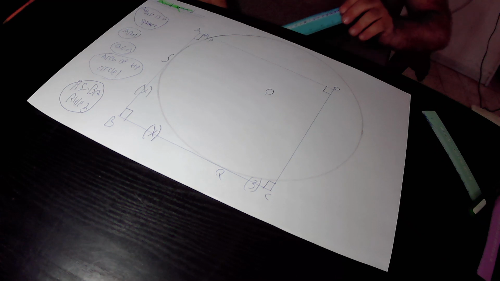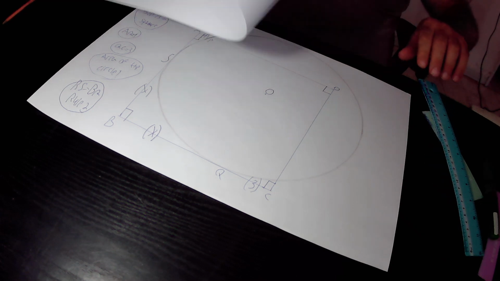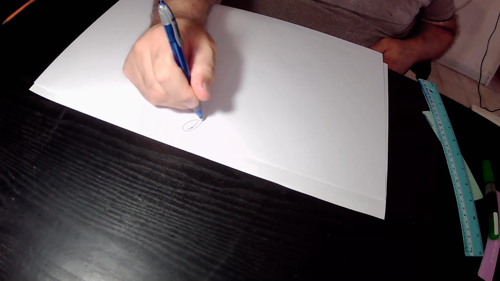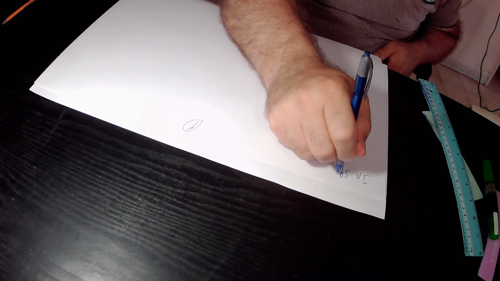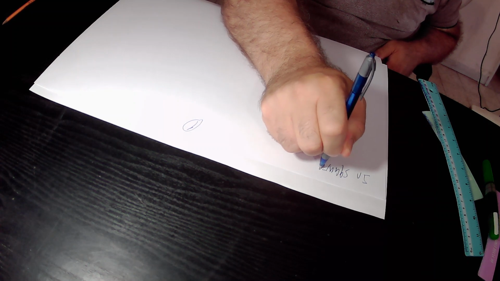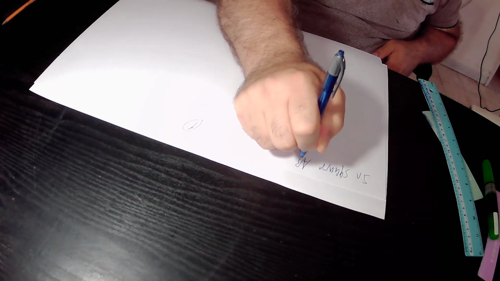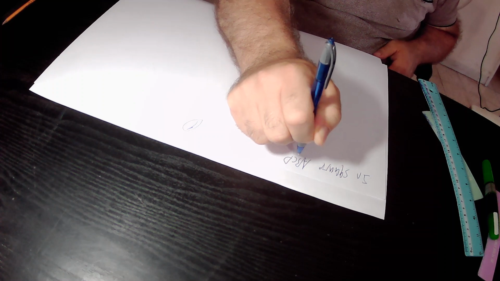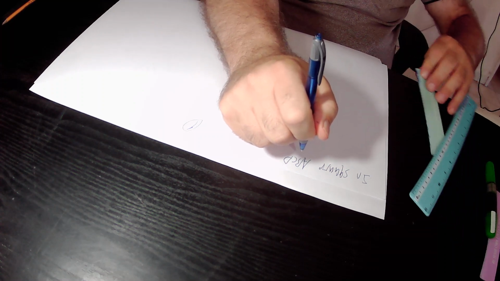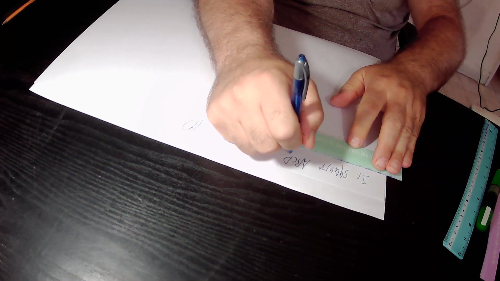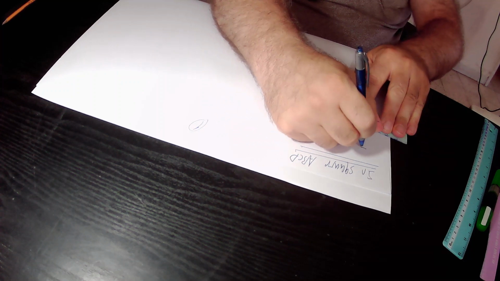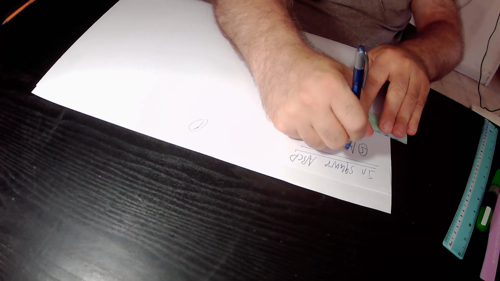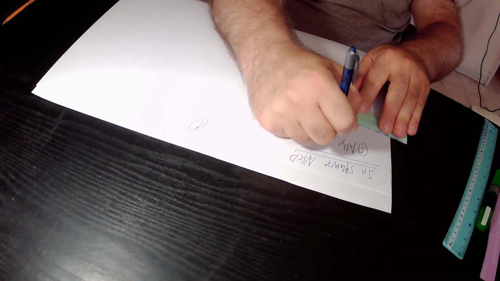So, in square ABCD, side AB equals side BC.